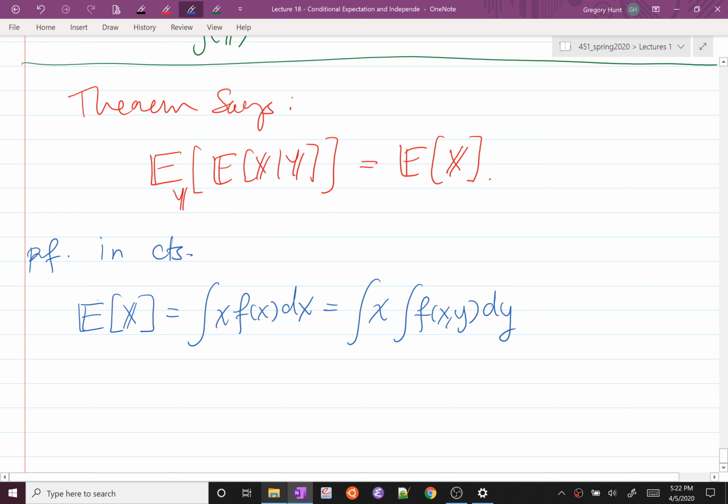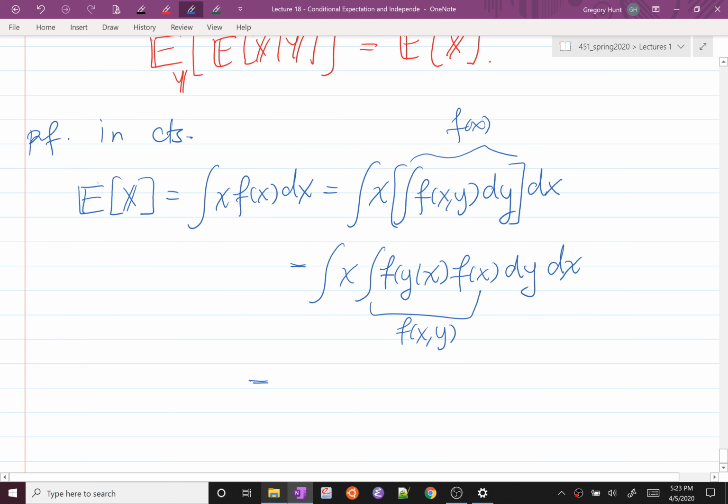And now I'm just going to bring things out. So I can write this as a double integral of x f of y given x, just like this.